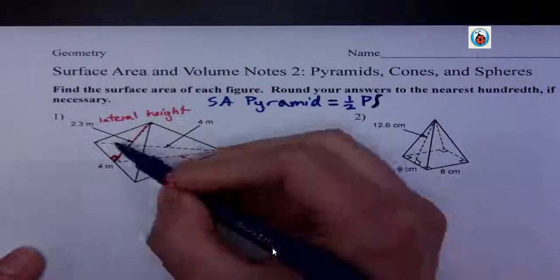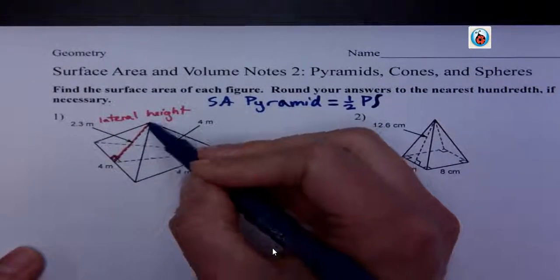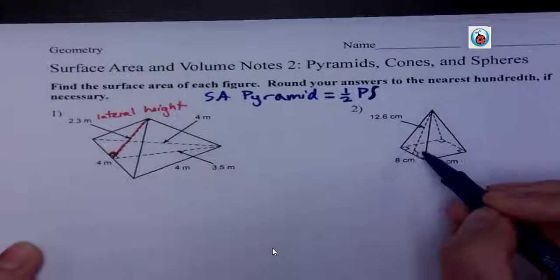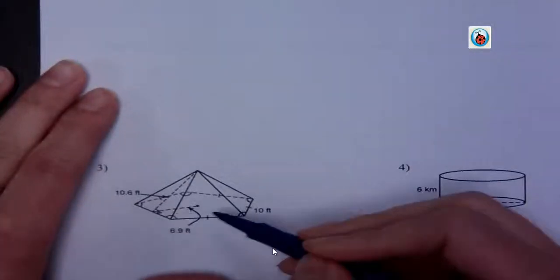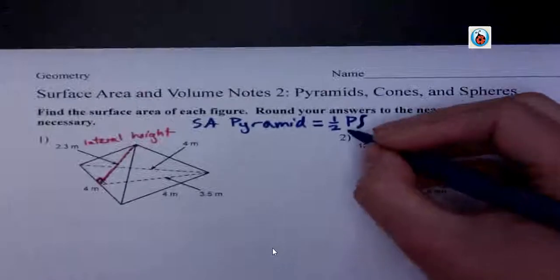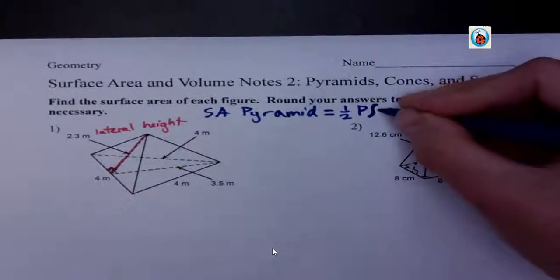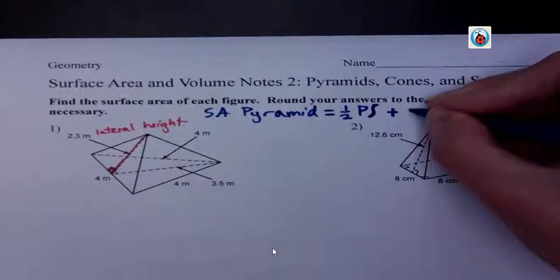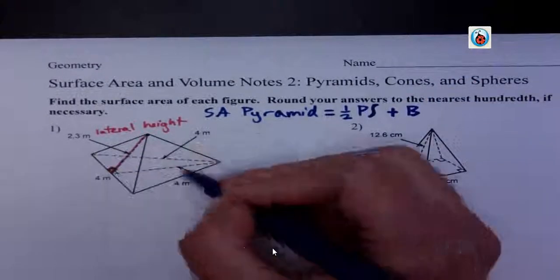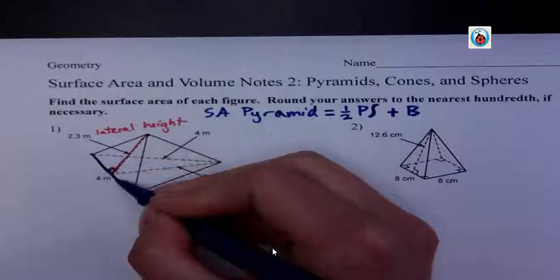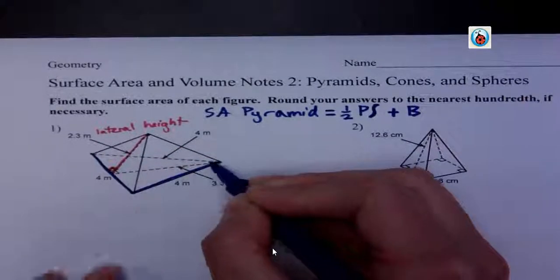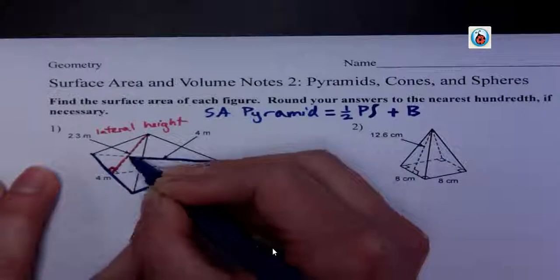And we can see why, because if you look at every single side here, each side is a triangle. It doesn't matter what shape the base is. Your sides of the pyramids are always triangles, and that's why we just have to do 1/2 times the base and the height of the triangle. And then we add just one base, because there's only one base here. So again, it does not matter what shape that base is, the formula is the same.